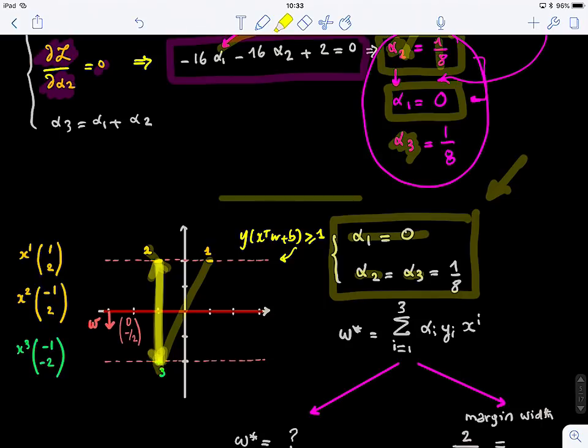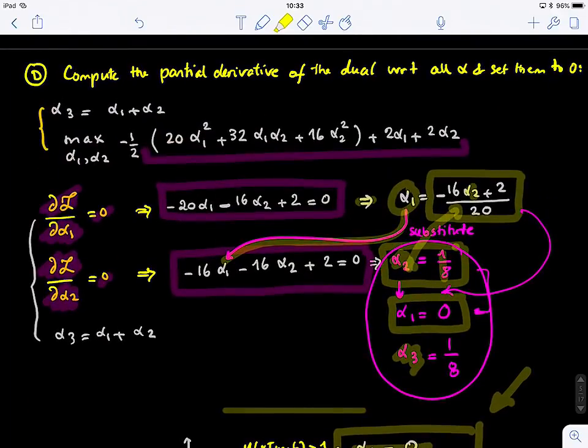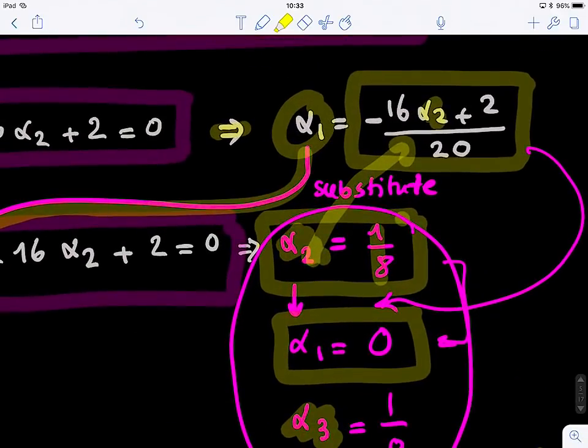Is it clear? Can you articulate your question more? Mathematically, it is correct to make alpha 1 0 because we got alpha 2 is 1/8. So if we put it in alpha 1, we are going to get a value for alpha 1. So this is alpha 1. If we put alpha 2 and alpha 1, it's going to be 4/20, right?